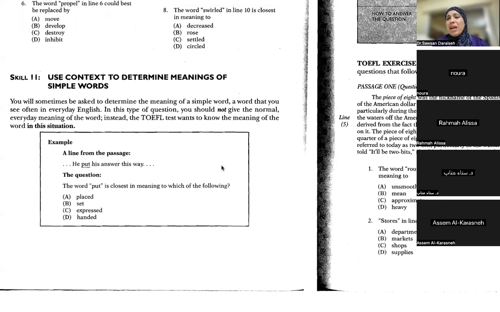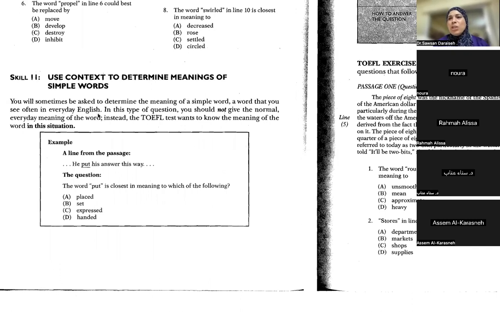So when I said something like, I have a meeting, how did you know it was an event that is coming up? The context, the other words that exist in the sentence, help you determine the meaning. You will sometimes be asked to determine the meaning of a simple word, like have, like put. A word that you see often in everyday English.